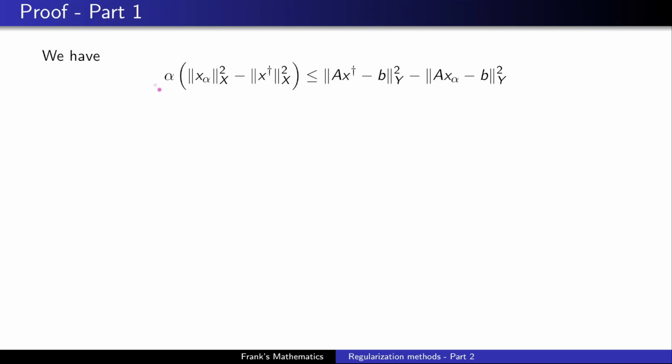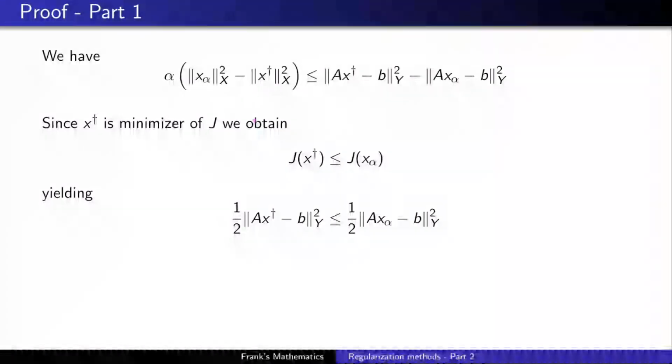Here you can see the inequality we just derived again. We're now using the fact that x dagger is a minimum norm solution, or is a minimizer, in fact, of j. It's written here. So we know that j applied to x alpha is greater or equal than j applied to x dagger. Or in other words, if you replace j by its definition, you know that this inequality holds. Well, this inequality here is just the inequality above.